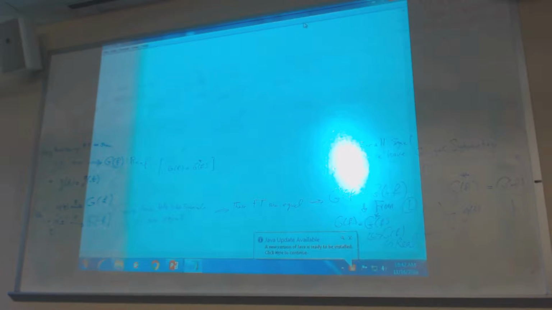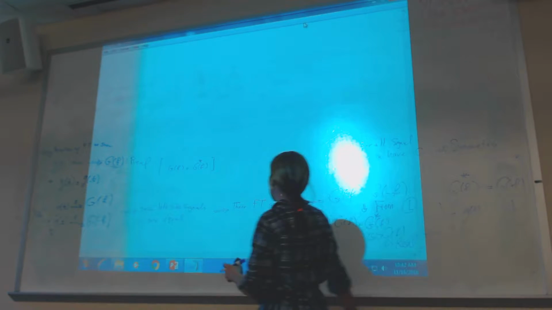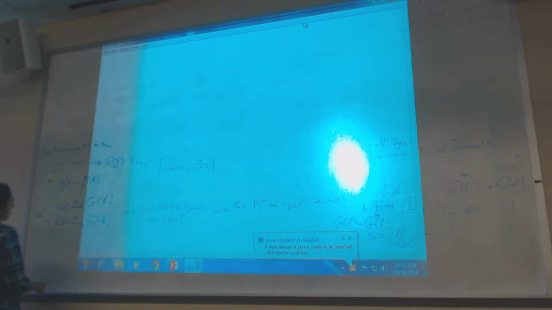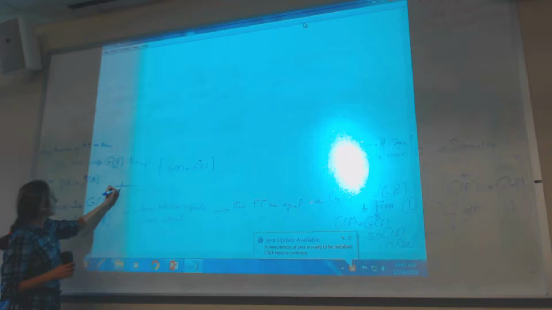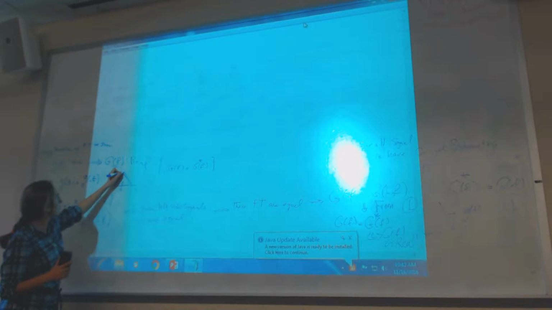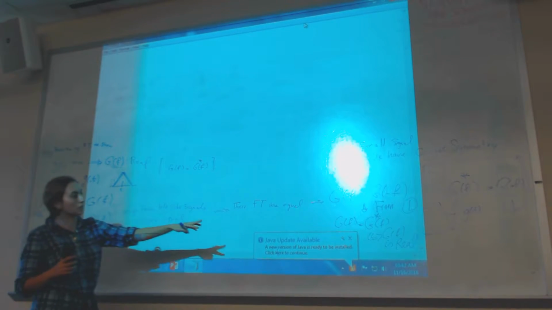Okay, so we just put some properties next to each other, and we proved something important. That if your signal is symmetric, again, it means that you have symmetry around 0, then your G of f is all real.